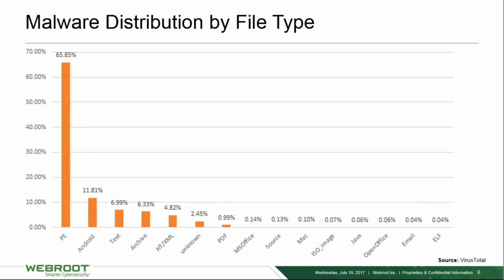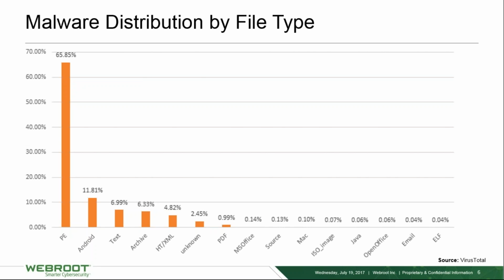This chart shows a malware distribution by file type. It's a sample set that we pulled from VirusTotal. It represents data from May of 2016 to April of 2017, and it's a sample of over 3.5 million malicious files. And what you see is that PEs, which is a Windows file type called portable executable files, are over 65% in terms of malware distribution.